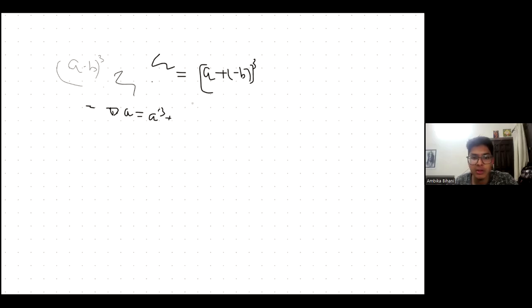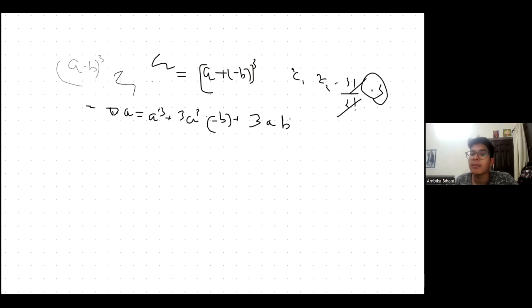What is the value of nC1? Our n is 3, so the coefficient will be 3. 3a square into (minus b) to the power of 1. Plus nC2. What is nC2? That means 3 factorial upon 2 factorial, it's 3. So we'll write 3a. Now this time I'll write b square.